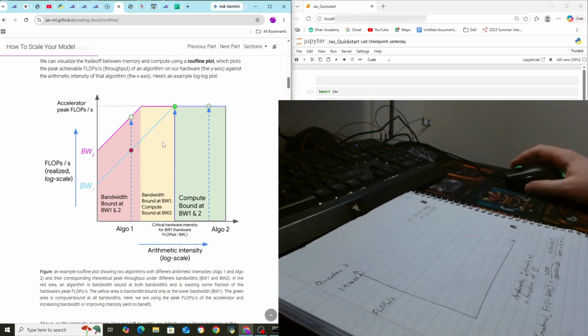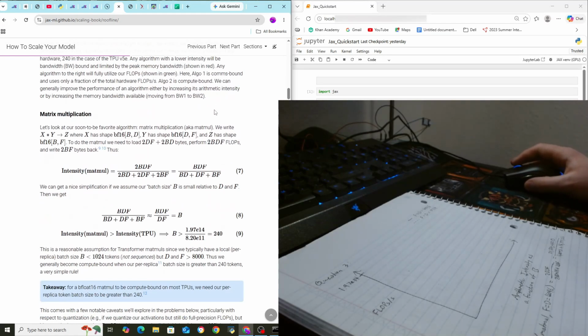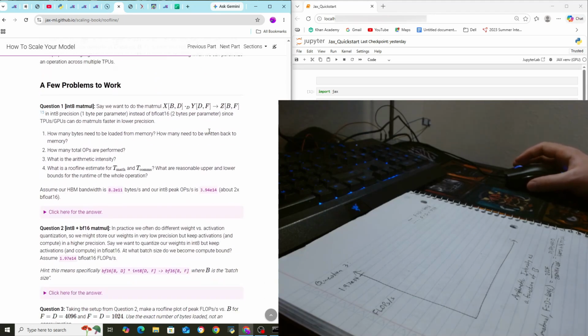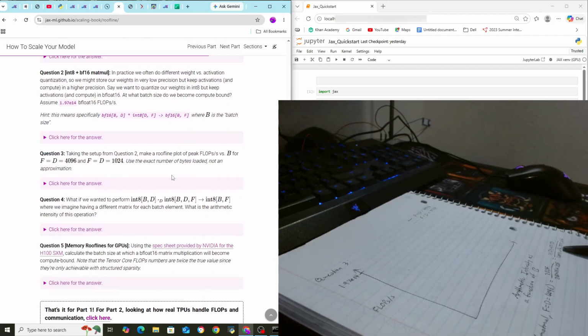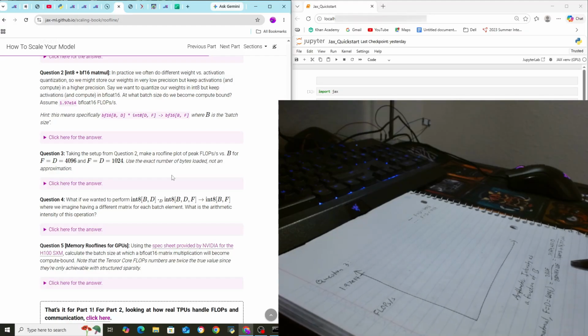I guess we really don't care so much about that line. We really just care about the regions. What I'm going to do here is just calculate the actual numbers first. So when does this equal 240?